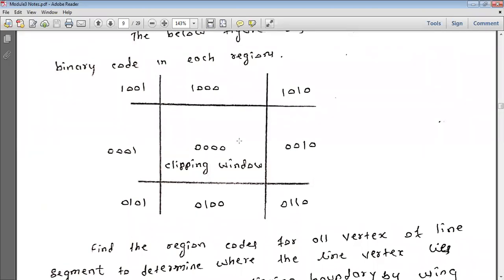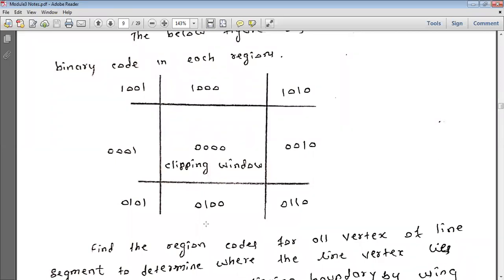Anything that comes inside the clipping window, I will represent with 0000 to my computer. Anything within the clipping window will be recognized with 0000. Any points going outside the clipping window will be represented with non-zeros.